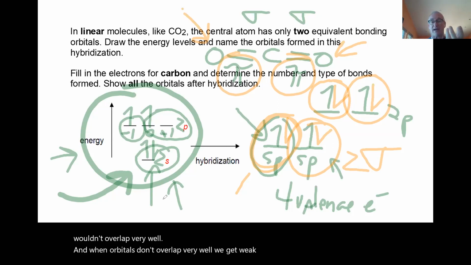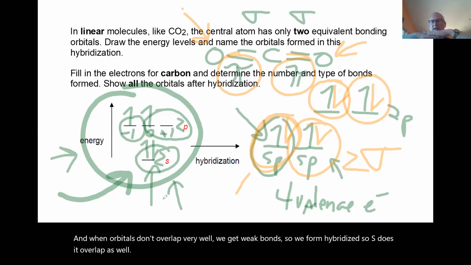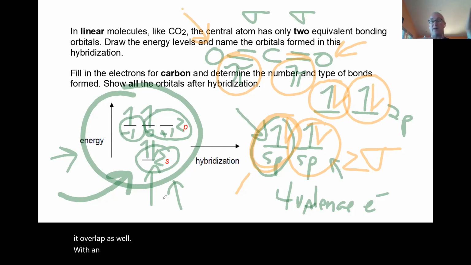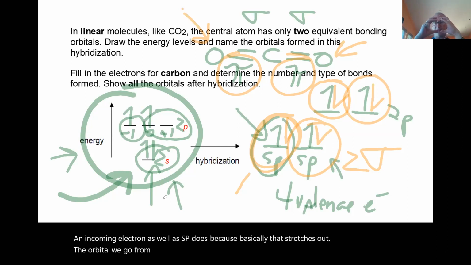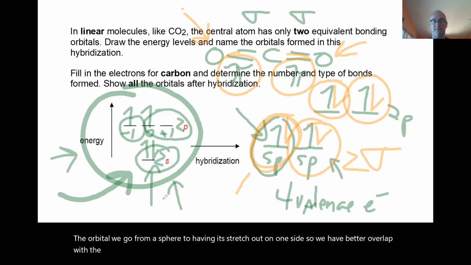So s doesn't overlap with an incoming electron as well as sp does, because that stretches out the orbital. We go from a sphere to having it stretch out on one side. So we have better overlap with the incoming electrons from oxygen.